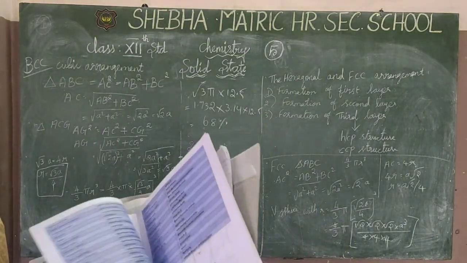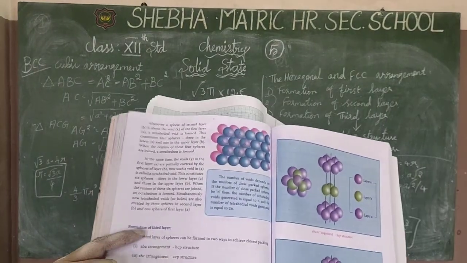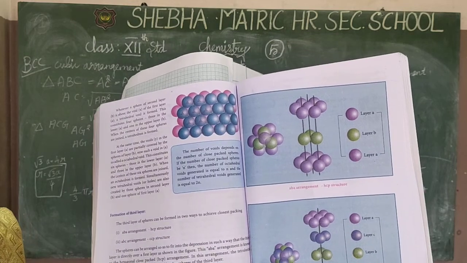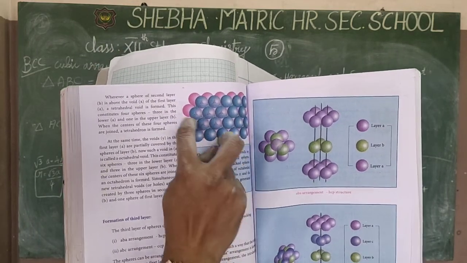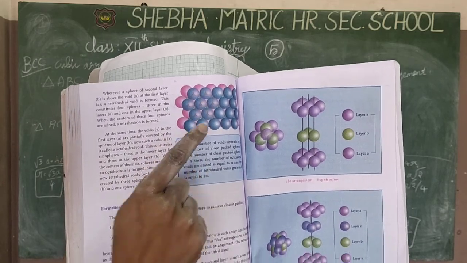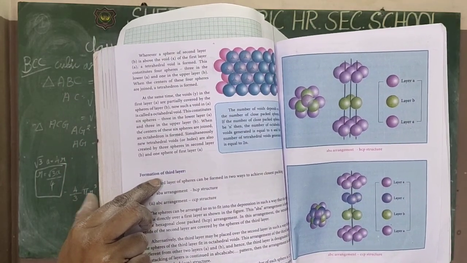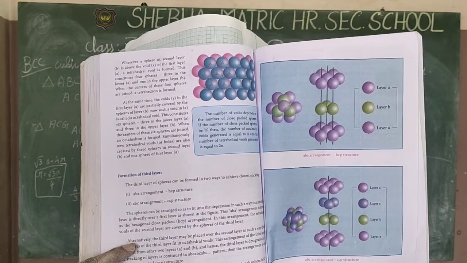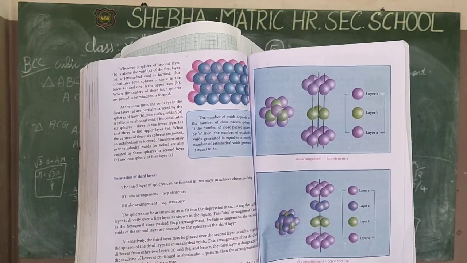Okay, and then go for the third layer. You have to see this diagram for the second layer clearly. Got it? Blue color and pink color. Okay, and then go for the formation of the third layer. The third layer arrangement is of two types. It is mainly a very important question.